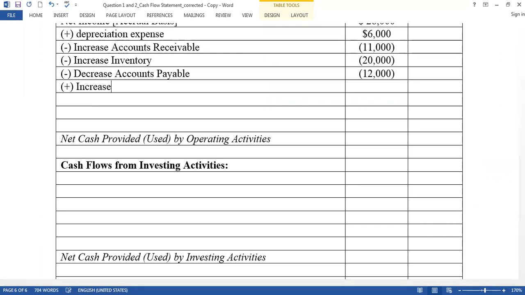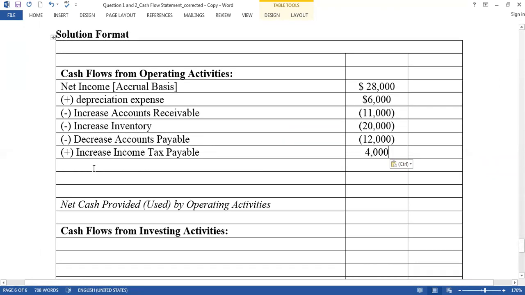Increase in income tax payable. Now we don't have any other non-cash asset or non-cash liability.